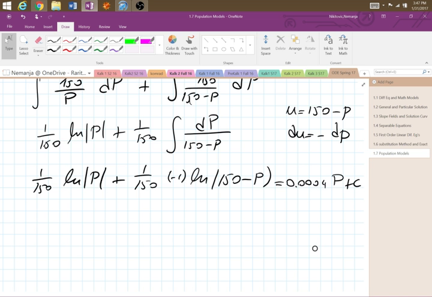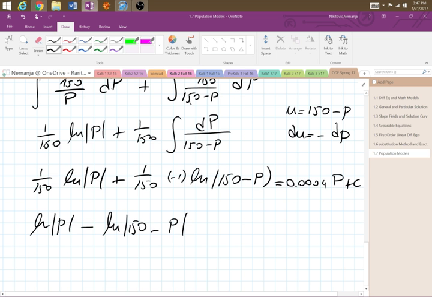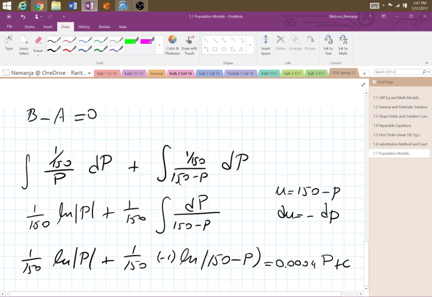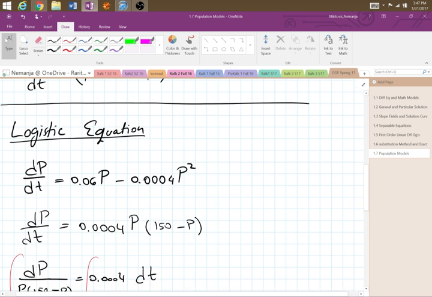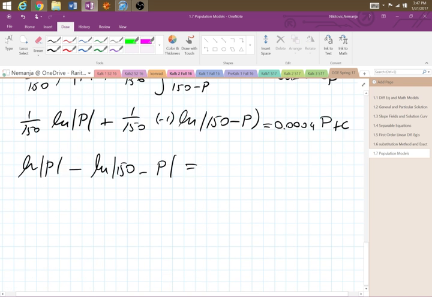Multiply through by 150. We have ln P minus ln of 150 minus P equals what? 0.06, right? Yep, 0.06.